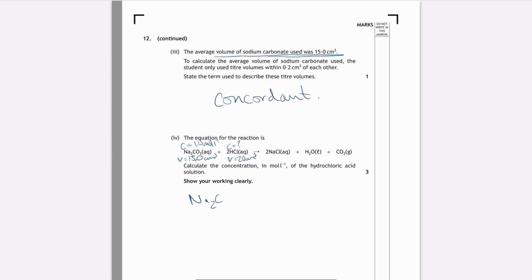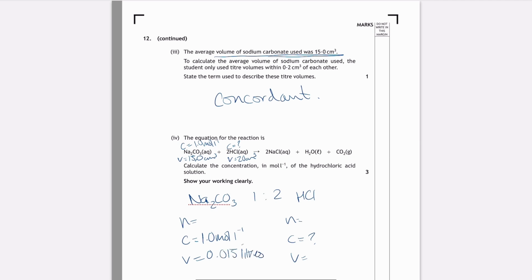So we can rewrite their formulas. And then the mole ratio is 1 to 2. Because it's concentrations and volumes for both of them, we'll list NCV underneath both. And we're trying to work out the concentration of this one, and we have the concentration of this one. We've also got the volume, which remember we need to turn into litres, so I'll just put it into litres now.